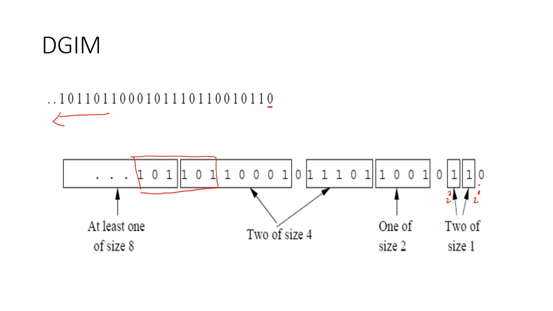So this is 2 raised to 0, that means 1. This is of size 2, this is 4. So the number of ones I can easily calculate by looking at the bucket sizes.